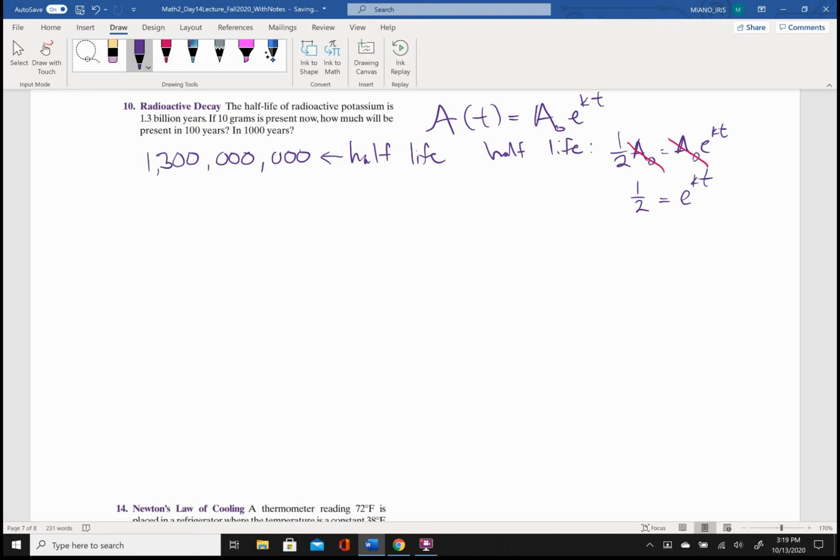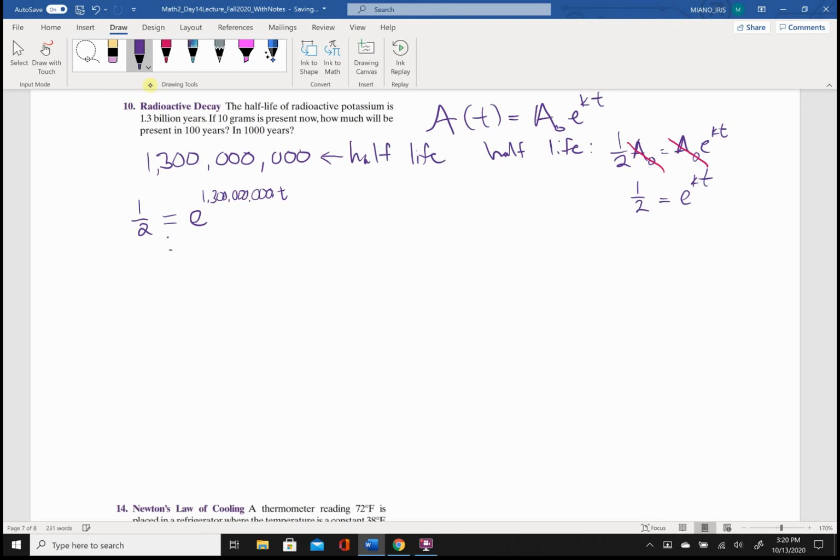And we're talking decay here, so our growth rate should come out to be a negative number. And that's exactly what's going to happen. So let me use this formula right here: one half equals e to the k times 1.3 billion.